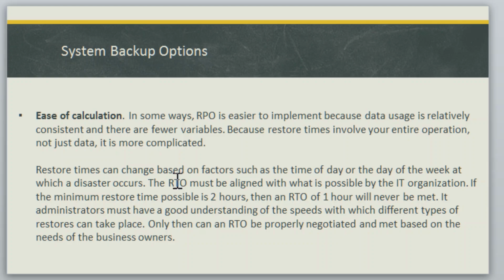The RTO must be aligned with what is possible by the IT organization. If the minimum restore time possible is 2 hours, then an RTO of 1 hour will never be met. So administrators must have a good understanding of the speeds with which different types of restores can take place. Only then can an RTO be properly negotiated and met based on the needs of the business owners.